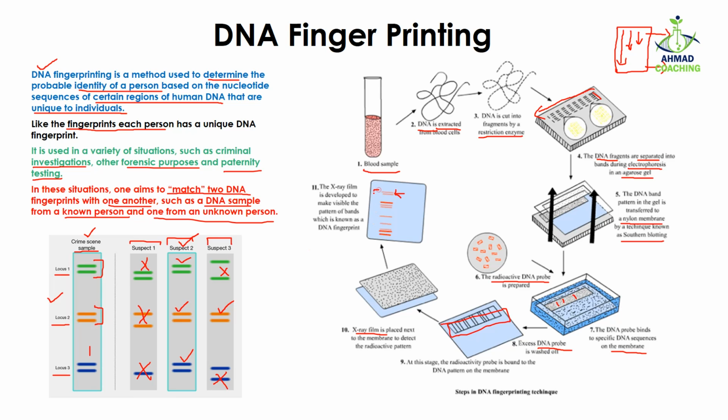From these bands we can find out whatever we wanted to find out. We can find the criminal, we can use it for paternity tests, and we can also use it for other forensic investigations. So this is what we call DNA fingerprinting.